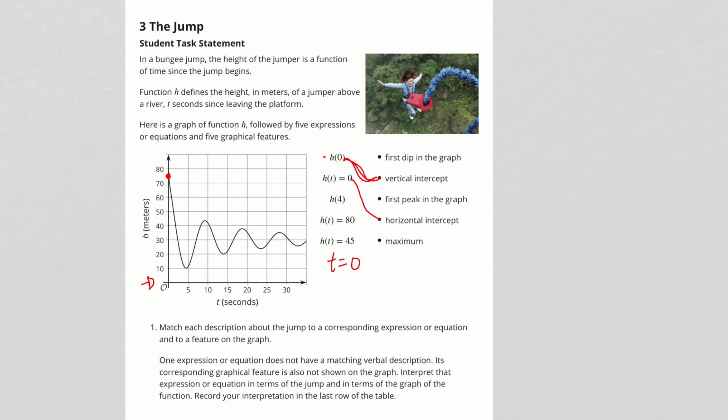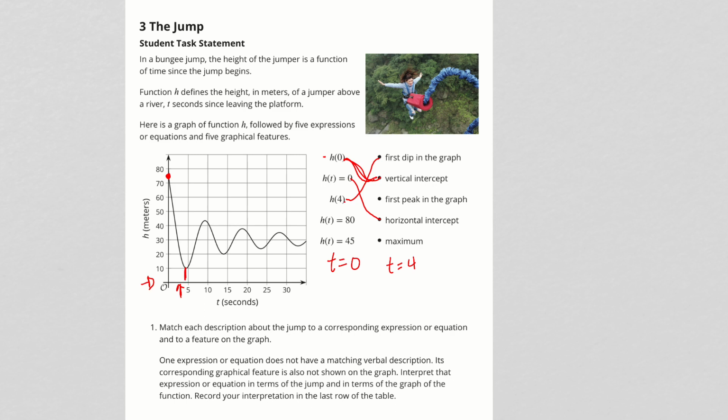Okay, so if I look at h of 4, so my t equals 4. We're going to call that our first dip in the graph, because that's when it's going down, right?